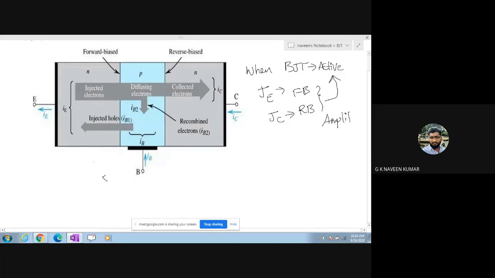Your transistor will act as an excellent amplifier. The transistor has excellent amplification ability whenever it operates in the active region. To operate in the active region, junction JE should be forward biased and junction JC should be reverse biased.